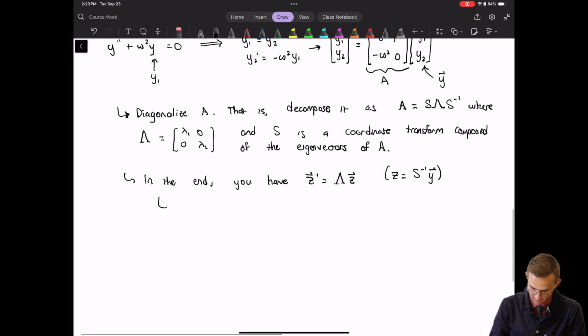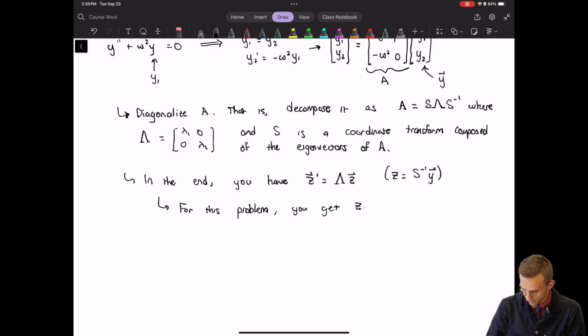And then for this problem, you get z1 prime is equal to i omega z1, and z2 prime is equal to negative i omega z2, which are both in model problem form, where you have y prime is equal to lambda y, right?